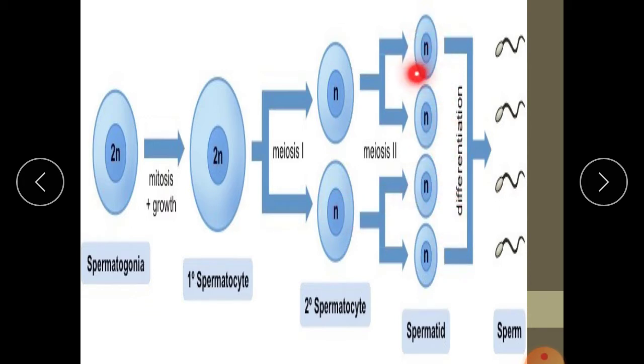These are spermatids, not sperms. They are spherical in shape. After that, they undergo cell differentiation to become tadpole-like sperms. Sperms are produced at the end of spermatogenesis.